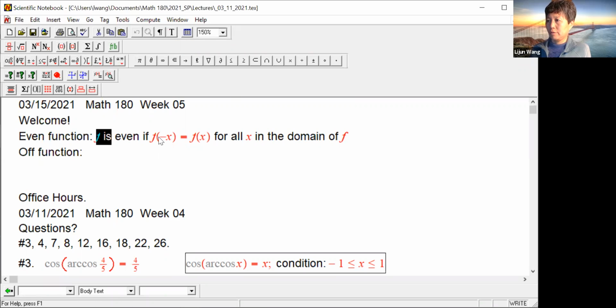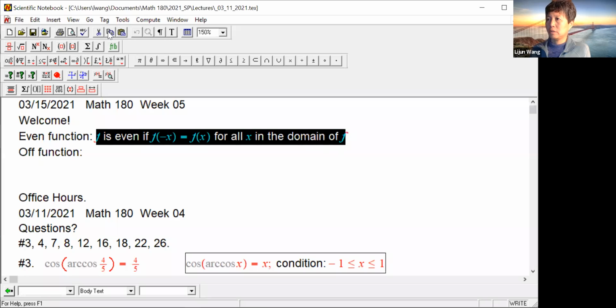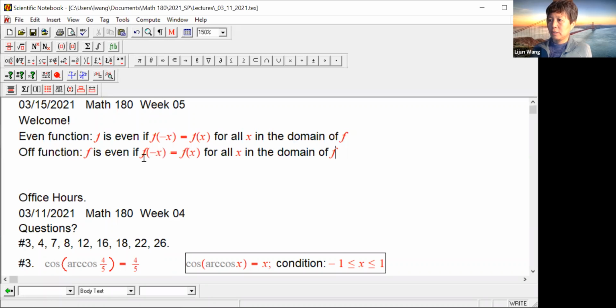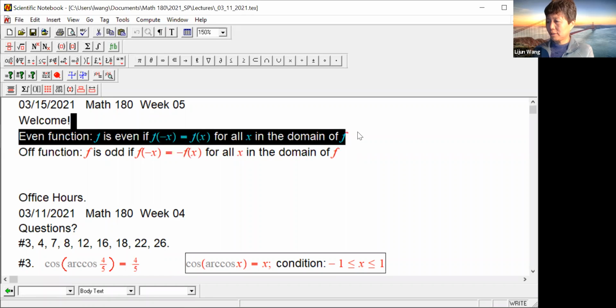And f is odd, is that. What does this mean?